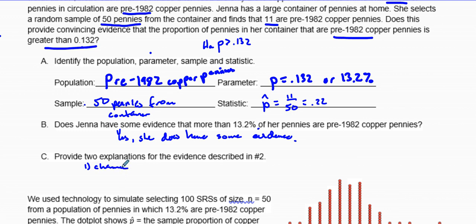Or second, the parameter proportion is incorrect. So either it happened by chance or the parameter proportion is incorrect.